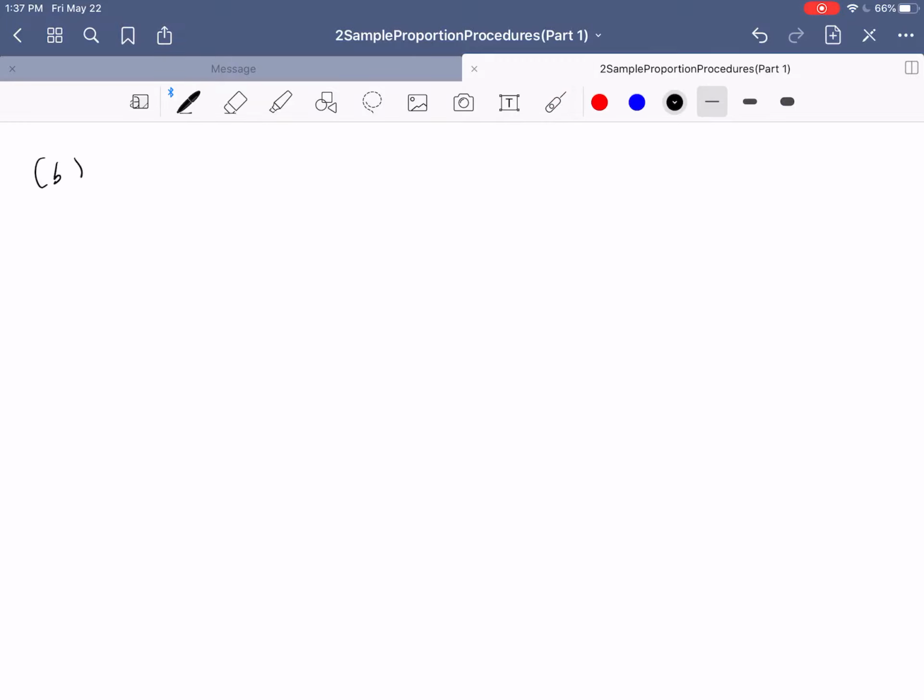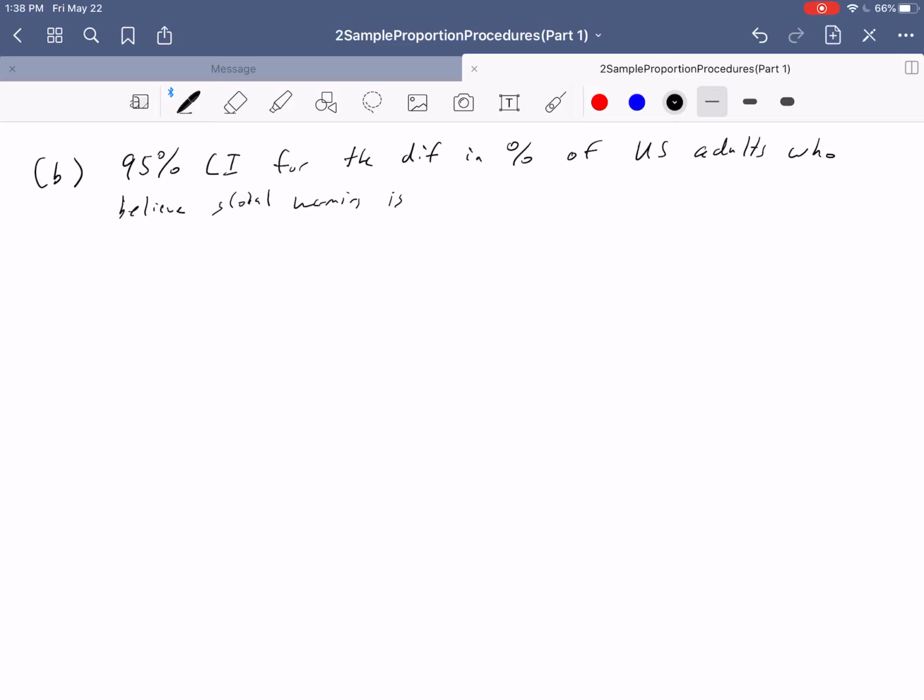For B, we want to come up with a 95% confidence interval for the difference in percentage of U.S. adults who believe global warming is a serious issue compared to Canadian adults.